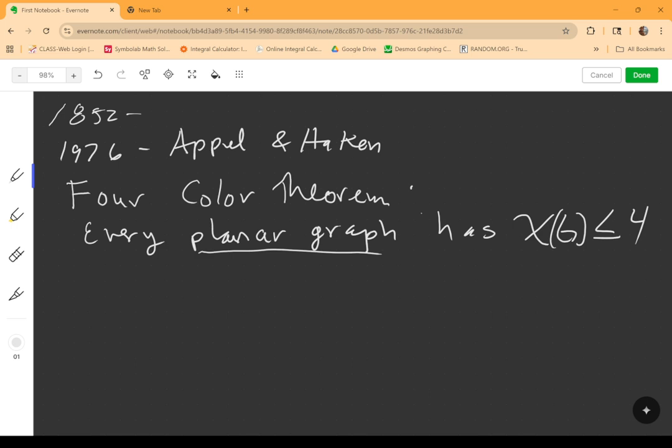Now, for something that is not planar, we have what is called Brooks's theorem.